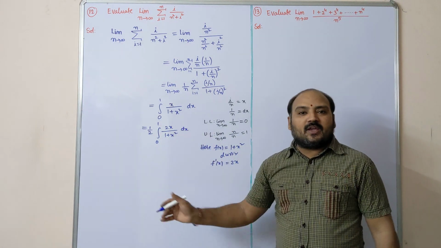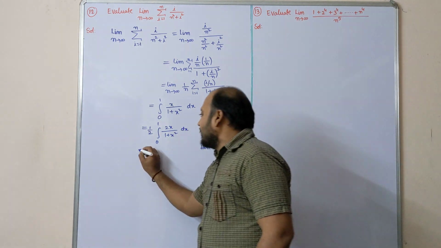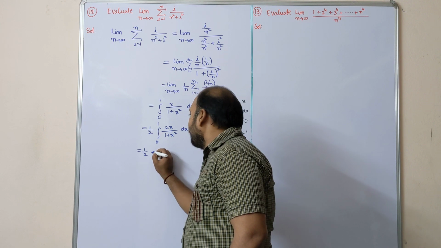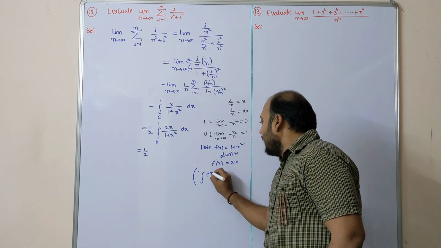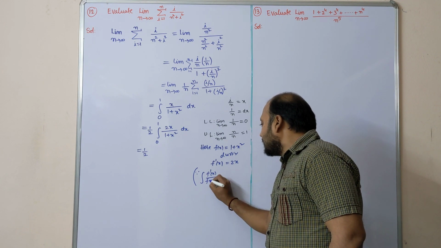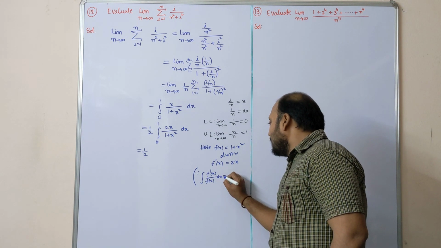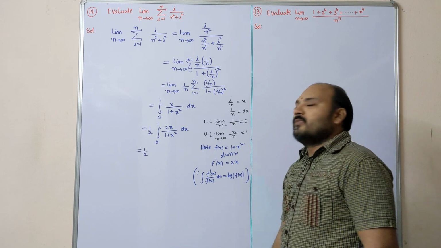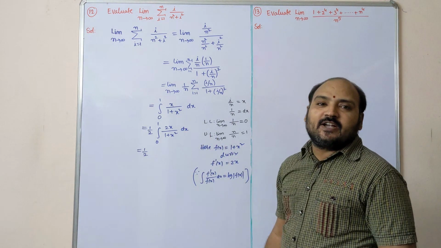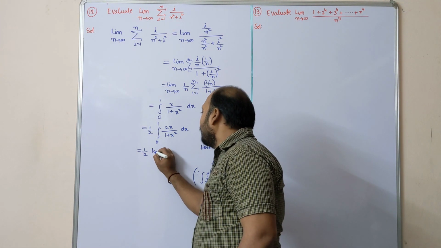F dash of x by f of x into dx, log mod f of x. So 1 by 2. In the previous question I wrote that integral f dash of x by f of x into dx is equal to log mod f of x, generally plus c you are right, but this is a definite integration, no? That is the reason I am not writing it.